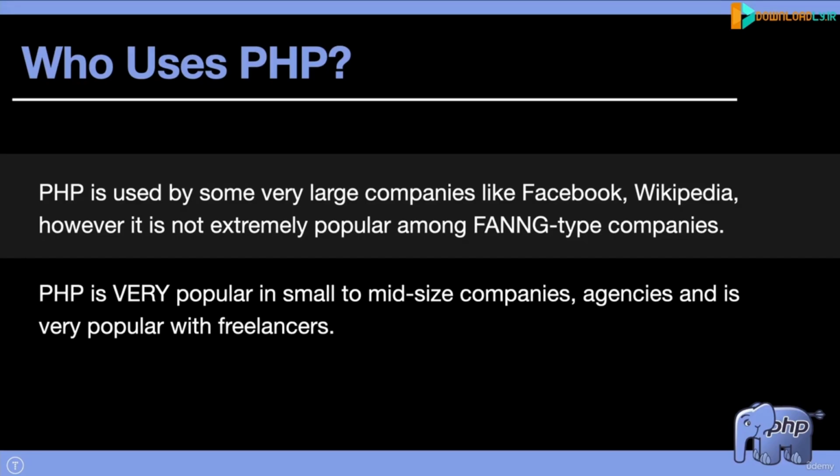So if your goal is to become a freelancer, PHP is the language I would definitely suggest, because you can build things really fast, and that's what your clients want. And you can build just about anything. They don't care about the language. Your clients care about the end result. PHP is also very popular among content management systems like WordPress and Drupal.